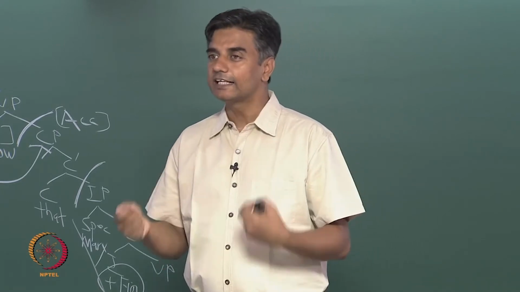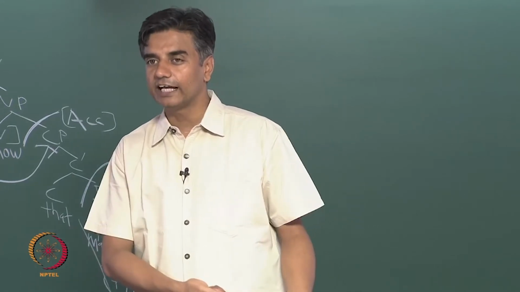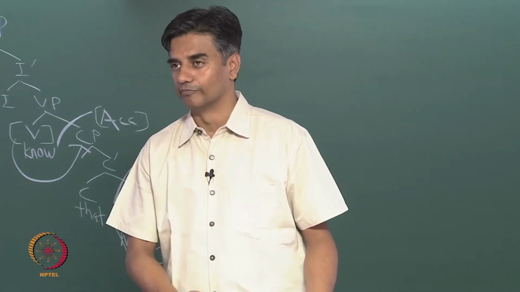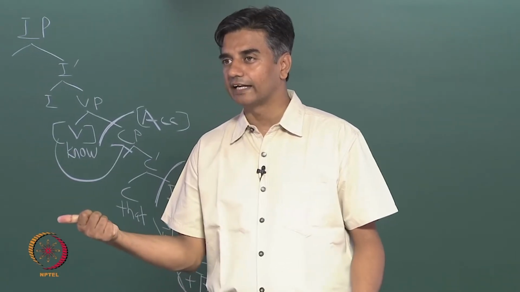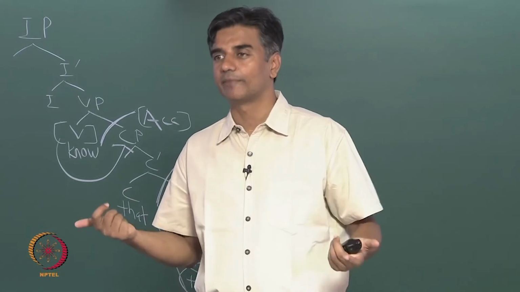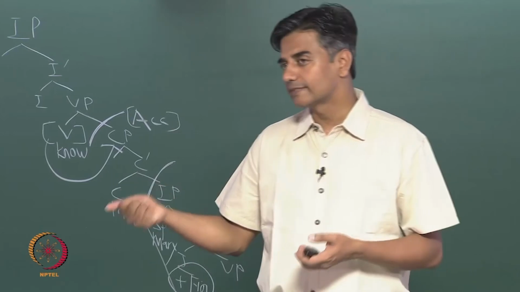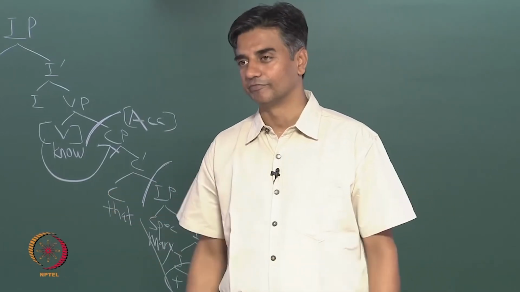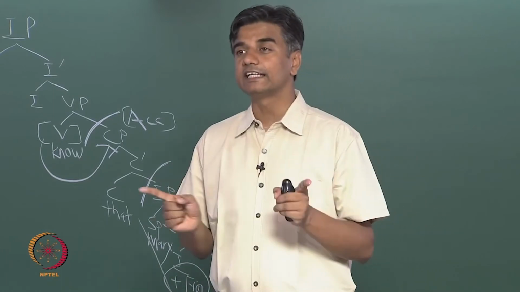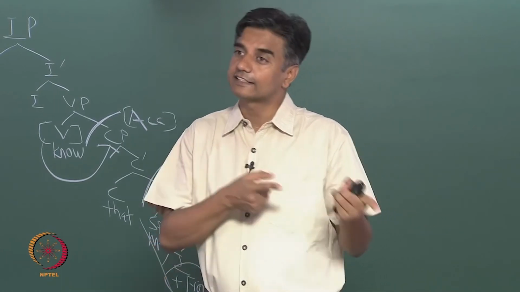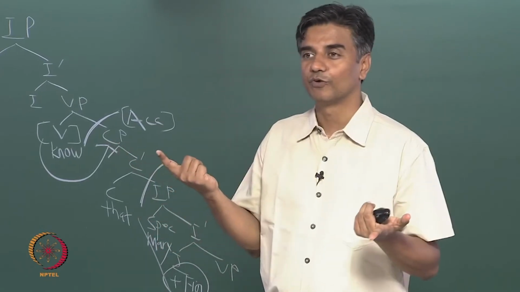Right? So in that case, we don't need anything like a CP or a for, because we already have a case assigner which is the verb. And it can assign case crossing the barrier, which we are saying is not a barrier because it's a non-finite IP, and assign accusative case to the spec position of non-finite IP. Now, when we have a non-finite sentence in the subject position of a sentence, then there is no V for this to assign a case.